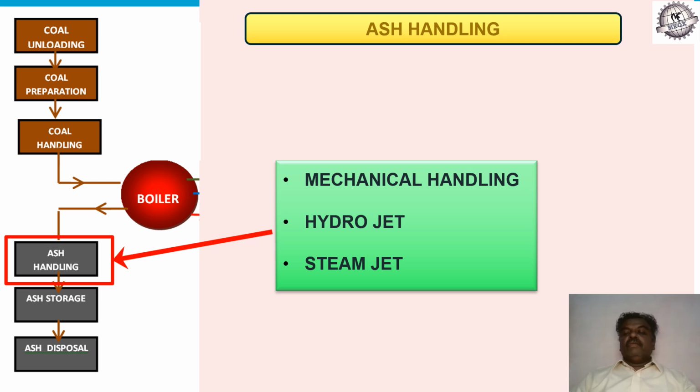The third method available is a steam jet method of ash handling. In this, a high pressure, high velocity steam jet is used for flushing the ash particles from beneath the boiler. These are some of the methods that are available for handling the hot glowing ash that comes from the boiler.